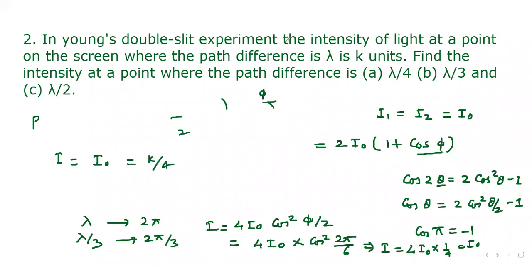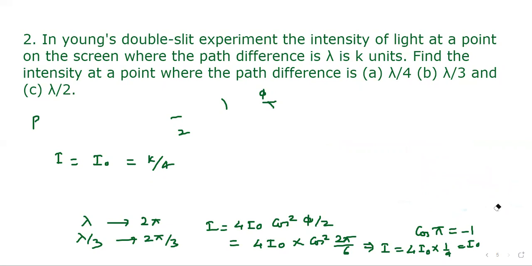Now consider the last case. Here path difference is given as lambda by 2, and we know that lambda corresponds to 2 pi, then lambda by 2 will correspond to pi. So again we find the intensity.